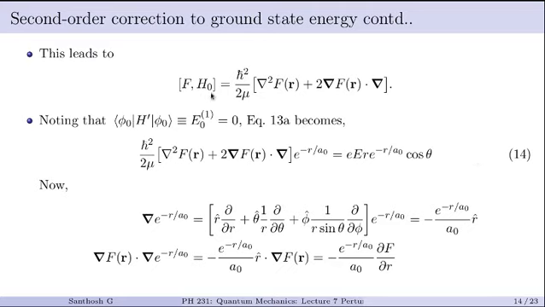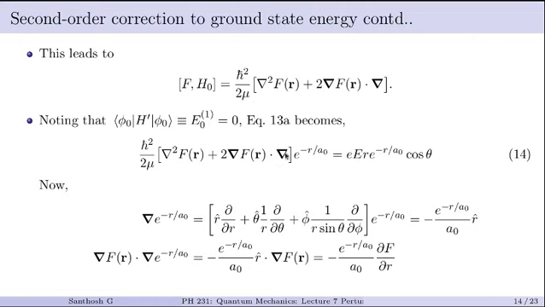Okay, so the commutator of f with h0 is this, and this will act on e to the power minus r by a0, and on the right hand side you have h dash, which is given by e r cos theta, then phi 0 of r, and you have this exponential minus r by a0 times that particular constant, which can be cancelled with the same constant on the left hand side, and you will end up with equation 14. Now we see that this is a function only of the radial coordinate.